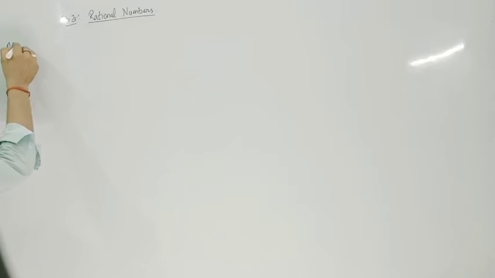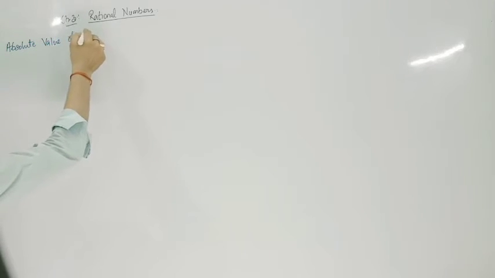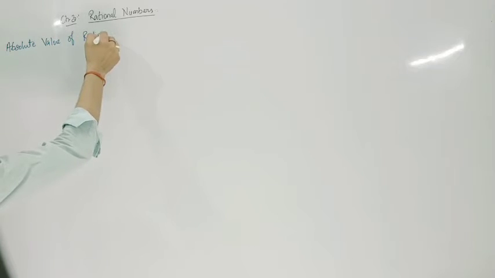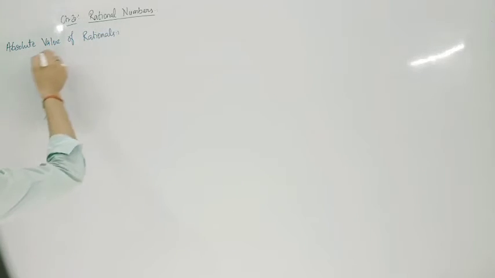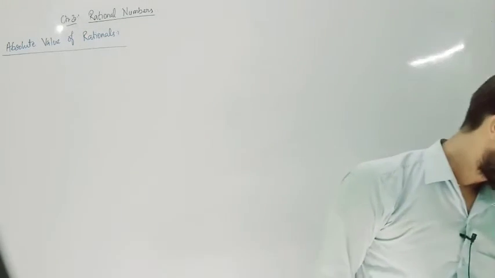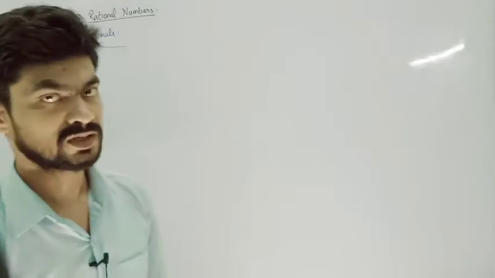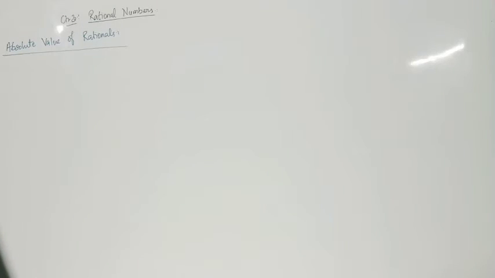So you have studied in class 4th or 5th the meaning of absolute value. So what is absolute value, my dear? The absolute value of a rational number is the number irrespective of its sign. The rational number whose absolute value is to be taken is considered without its sign.